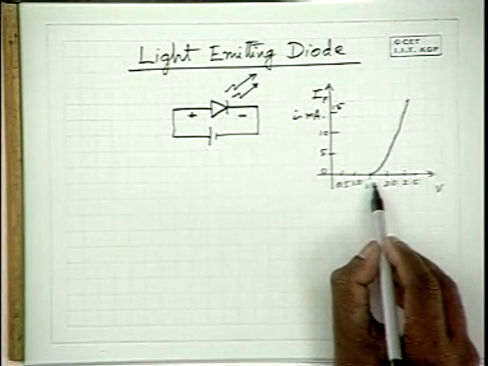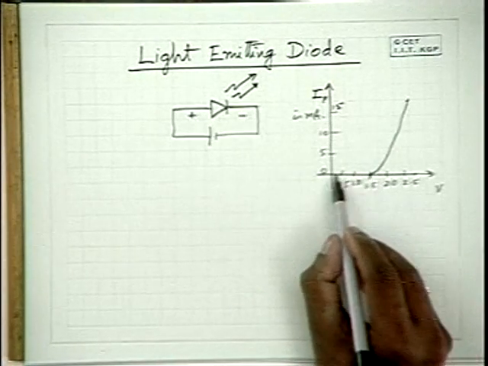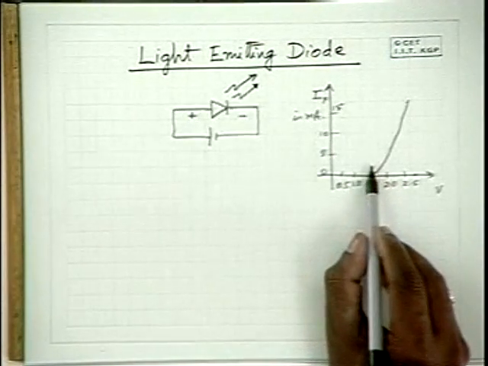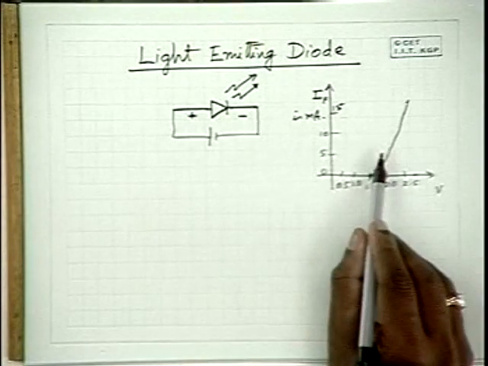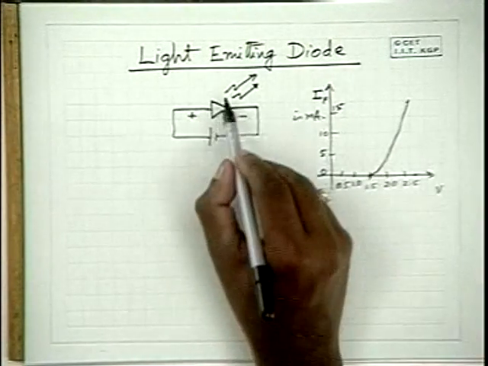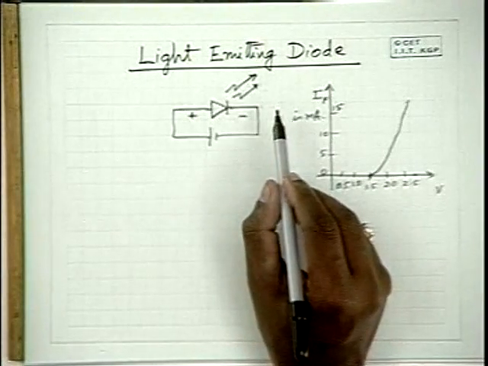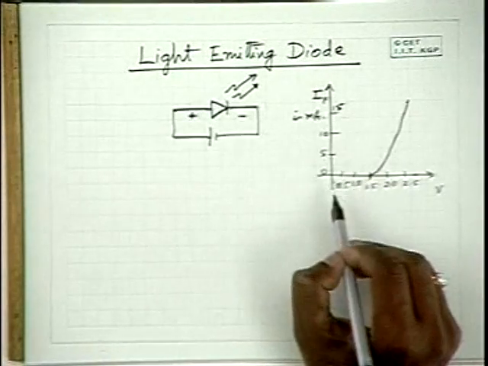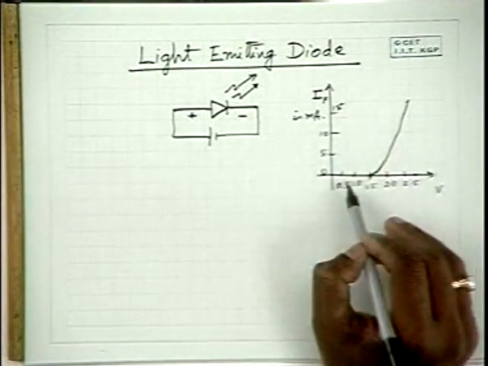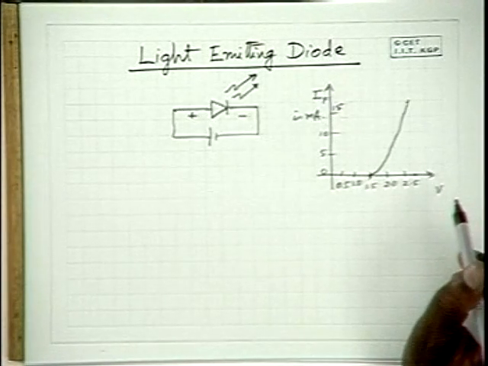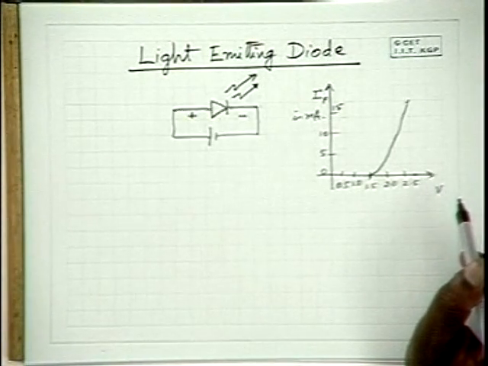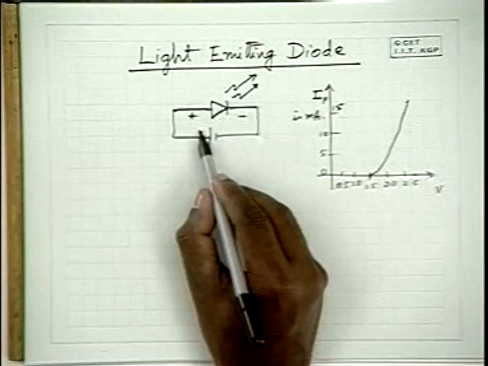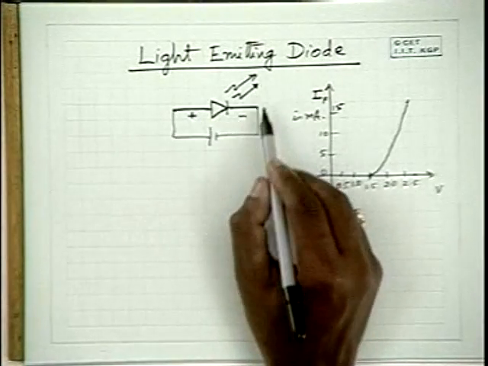At almost 1.5 volts, the current is almost zero. When the current becomes appreciable, which is of the order of 5 to 10 milliamperes, you have light coming out of the diode. But as far as the terminals are concerned, the volt ampere characteristics is as shown here. Typically, when you apply around 2 to 2.5 volts across the diode, it gives you light.